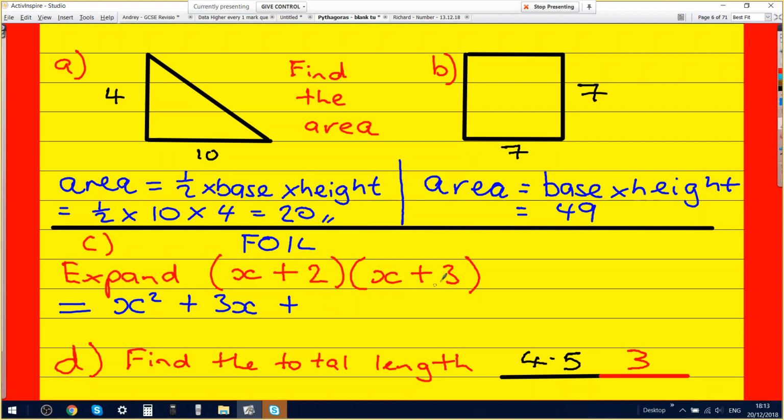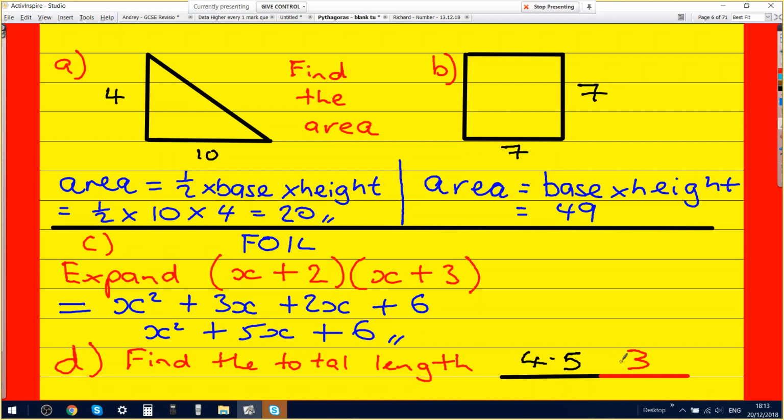And last two, 2 times 3, 6. And what is 3x plus 2x? 5x. And so you can simplify that just a little bit.